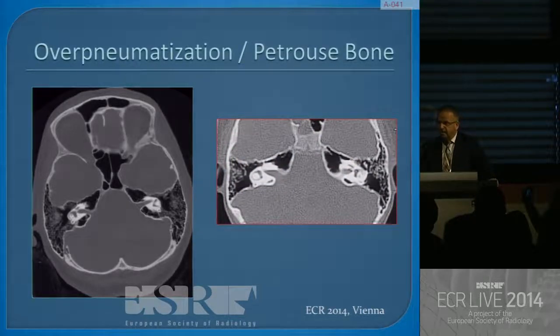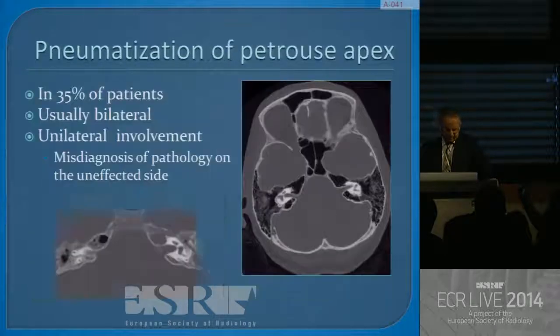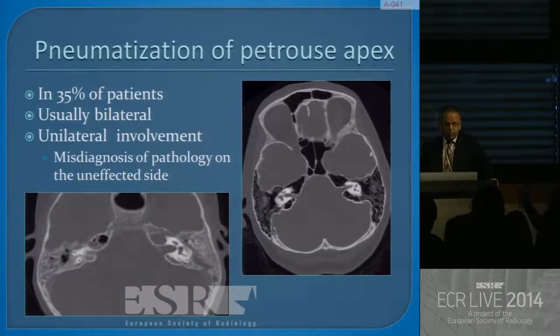They can produce some pitfalls while evaluating tiny anatomical structures, as in this case, and they can be unilateral. In one third of the patients, the petrous apex can be seen pneumatized. It's usually bilateral, but it can be unilateral.